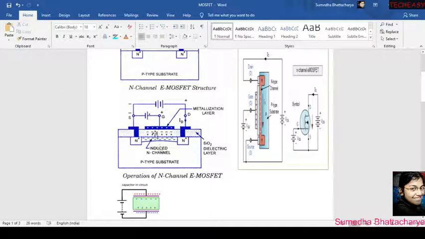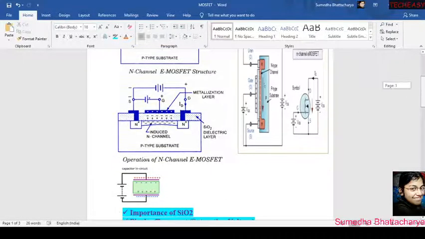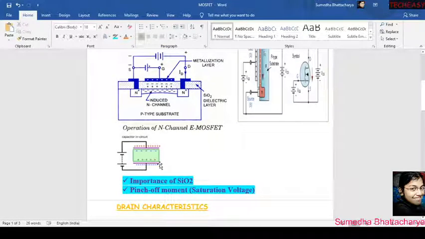Now, how can this happen? This happens because the silicon dioxide is working here as a dielectric layer. Then what is the function of a dielectric? Now, if we consider the SiO2 as a parallel plate capacitor, and we insert a dielectric, what happens?